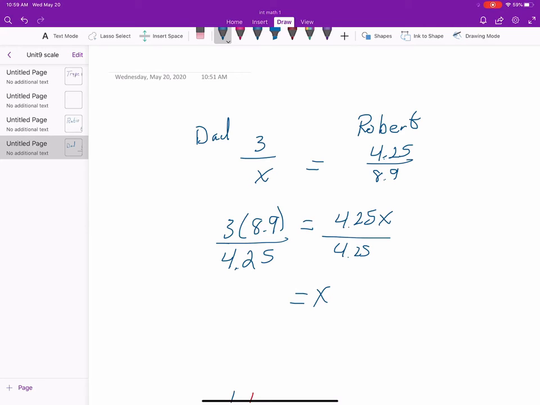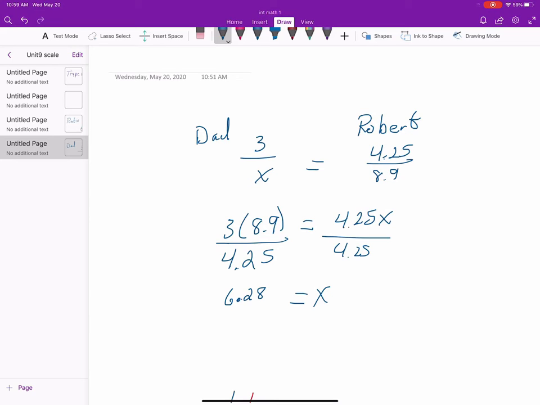I'm going to get my handy dandy calculator out here. I'm going to go 3 times 8.9 divided by 4.25 equals 6.28.